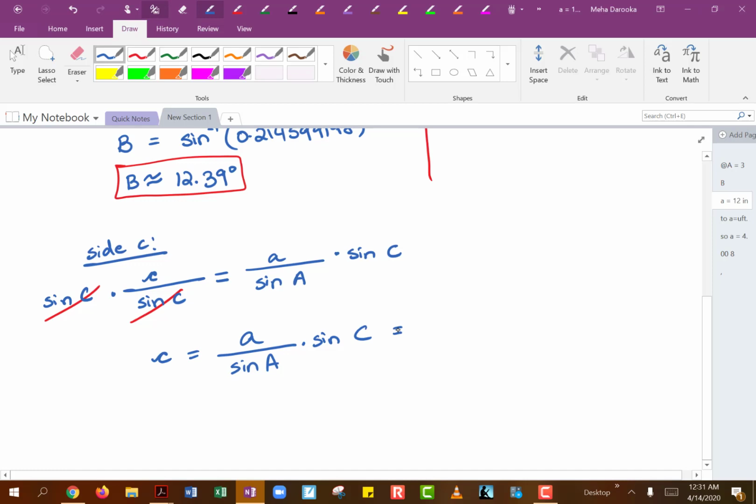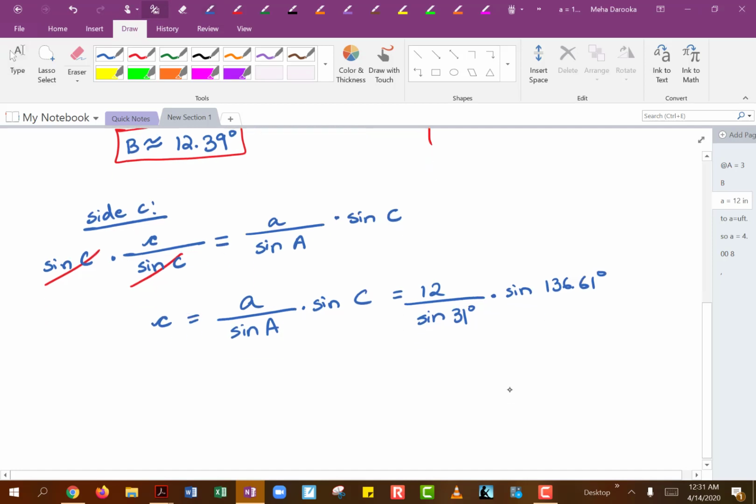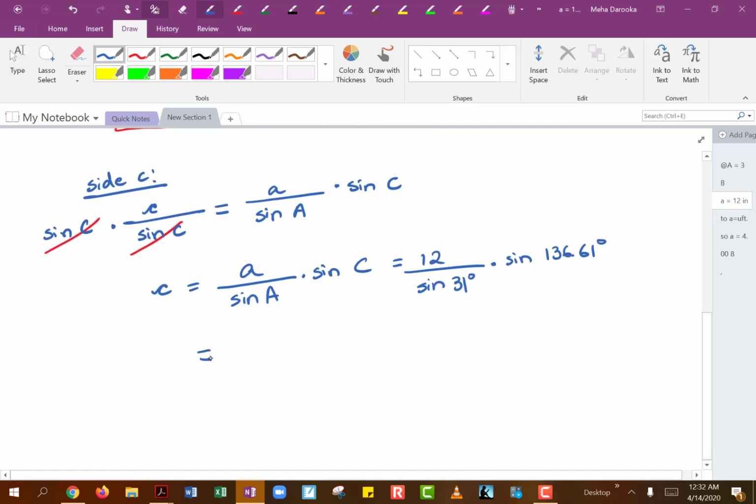So of course our side A is 12 inches, angle A is 31 degrees, and then angle C we just calculated was 136.61 degrees. So just plug that part in your calculator and see what you come up with.